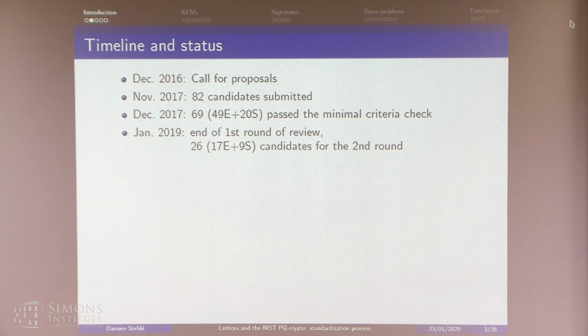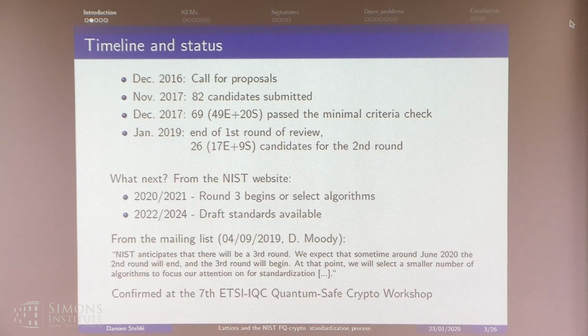So one question is what next? I have to thank Martin for the end of this slide. If you read the NIST website, it's totally unclear. So the commitment was 2021, maybe there is a round 3, or we select algorithms. There was a message on the mailing list last September by Dustin Moody saying that maybe there will be a third round, and we expect it to be in June 2020, so in 6 months. It's a very interesting paragraph.